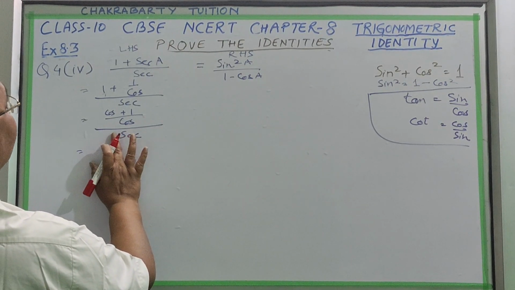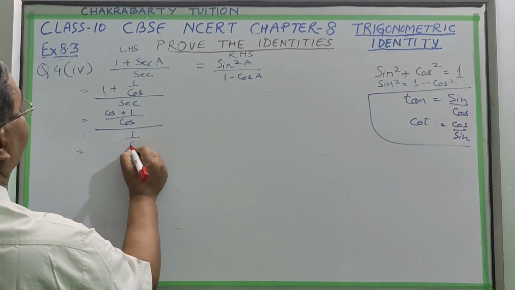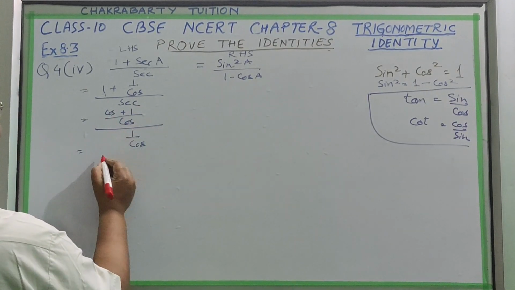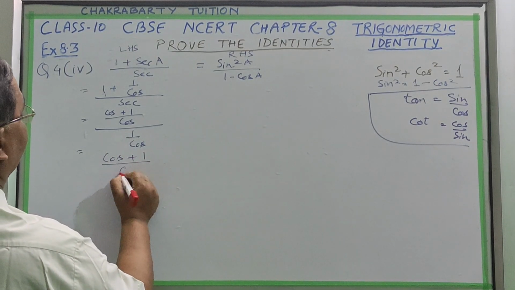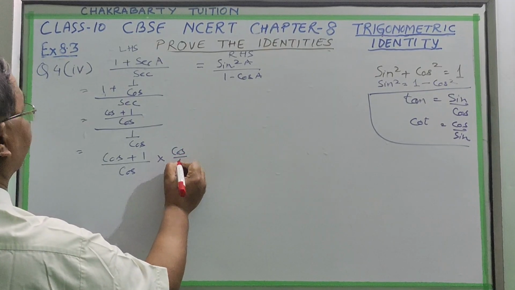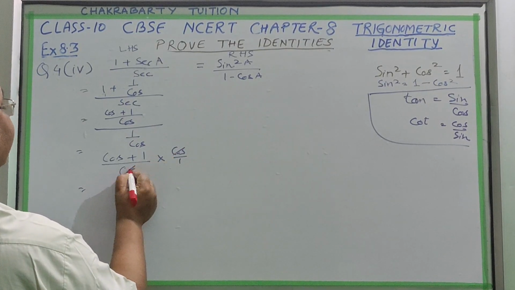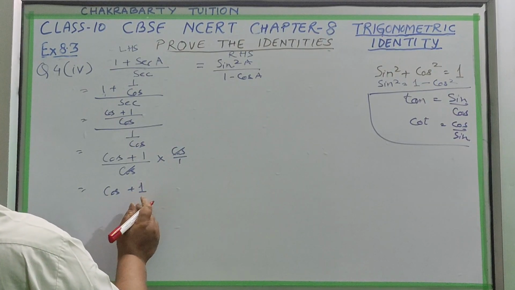And sec also we can write as 1 upon cos. So next step, cos theta plus 1 upon cos, and this will go to upper side into cos upon 1. So now we can cut it, and what will remain? Cos plus 1 will remain.